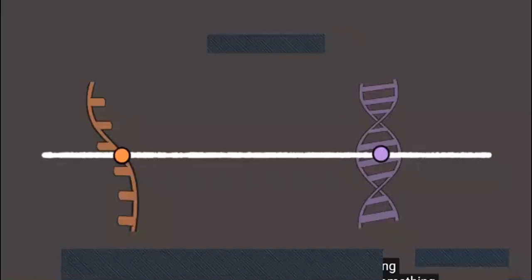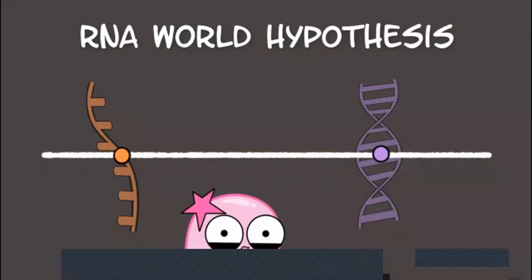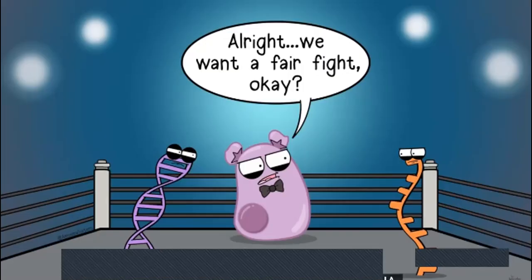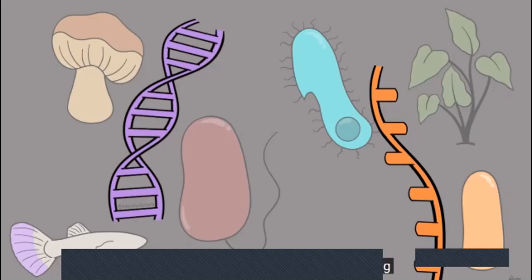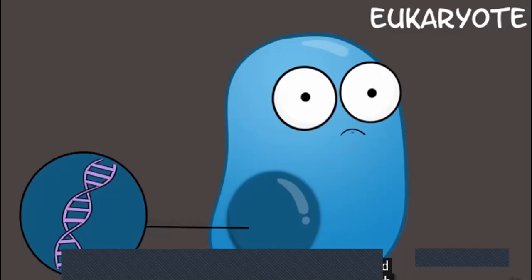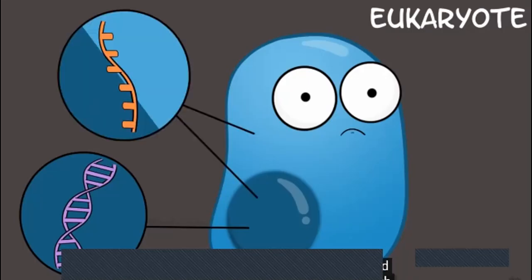In fact, RNA is even hypothesized as coming first, before DNA, in the RNA world hypothesis, something we need to make a separate video about. So let's compare and contrast DNA with RNA. First, you will find DNA and RNA in all living organisms. In eukaryotic cells, DNA tends to be found in the nucleus, while you can find RNA both inside and outside of the nucleus.